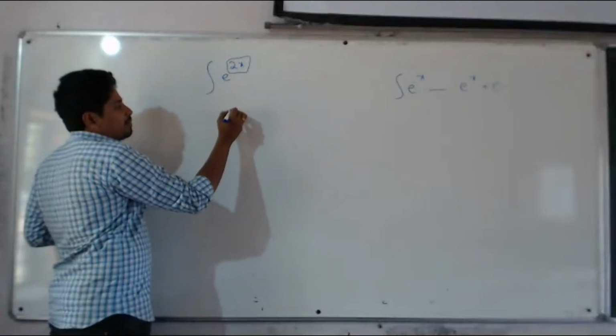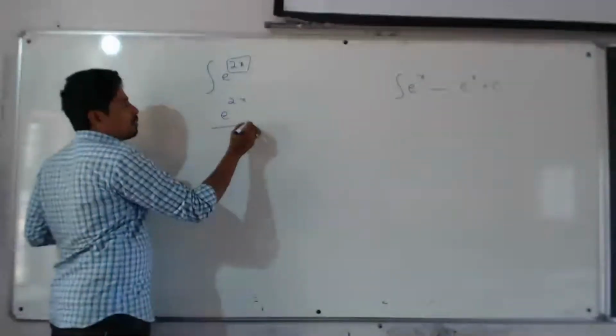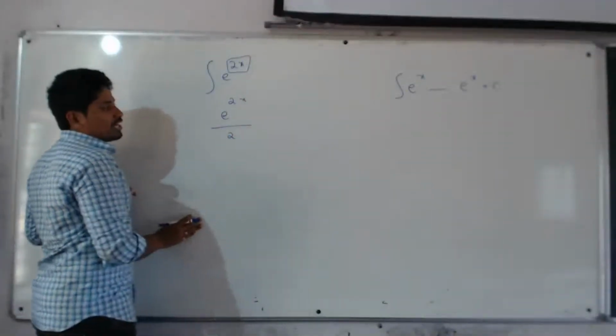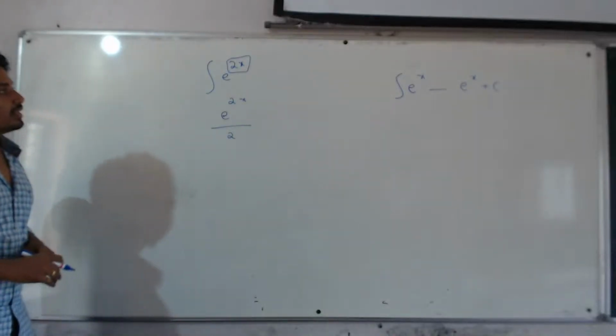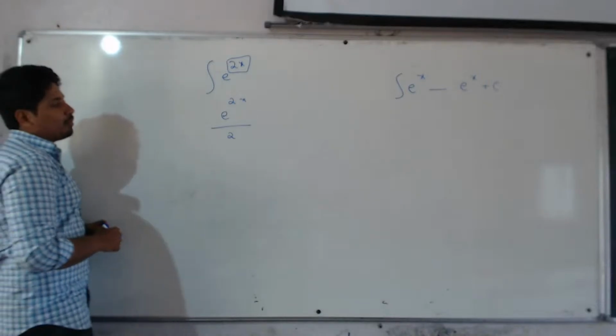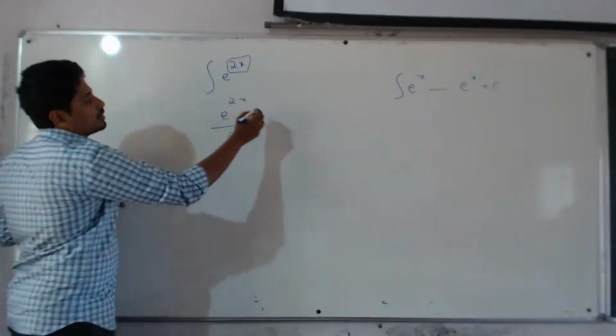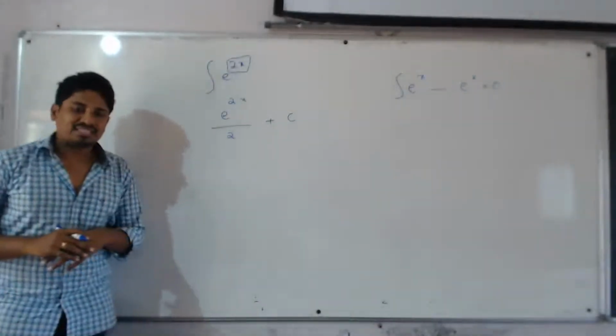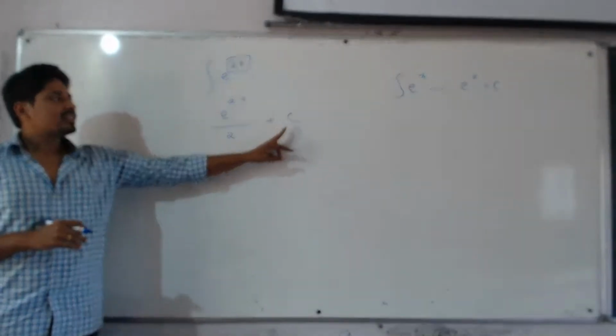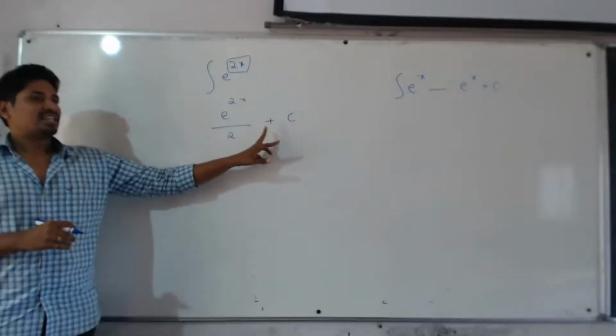It will be e power 2x upon 2. At the final step, put plus c. Should I teach you why we put plus c here?